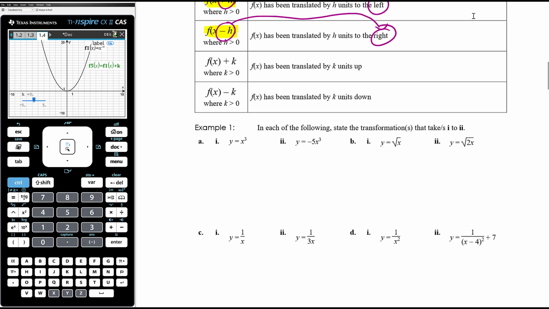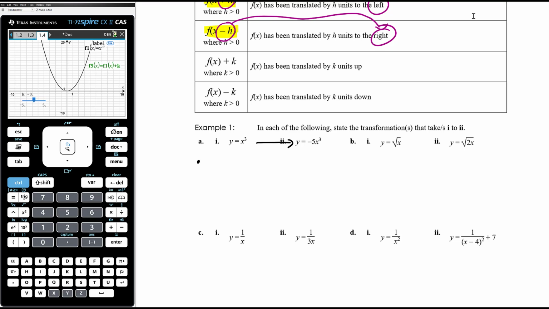Okay, so let's have a look at some examples. In each of the following, state the transformation or transformations that take function 1 to function 2. Okay. So if we have y equals x cubed, changing to y equals negative 5 times x cubed, there's 2 transformations happening there.